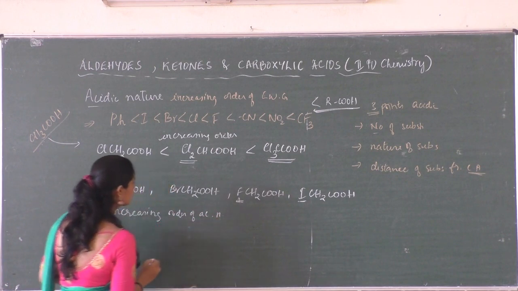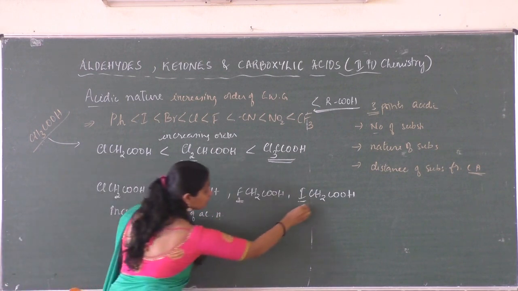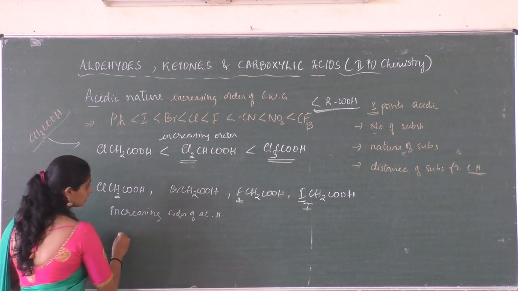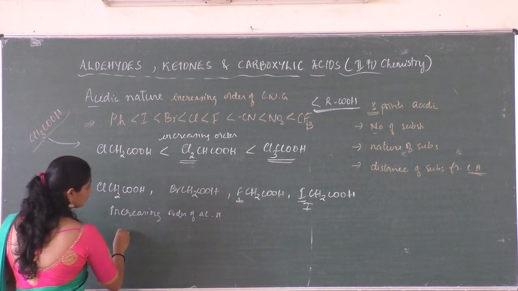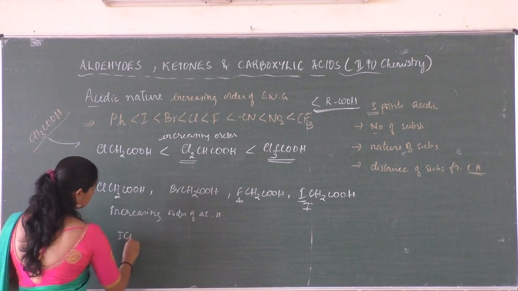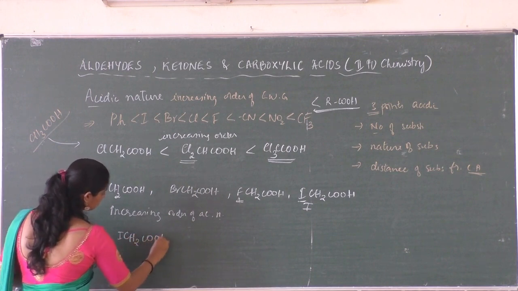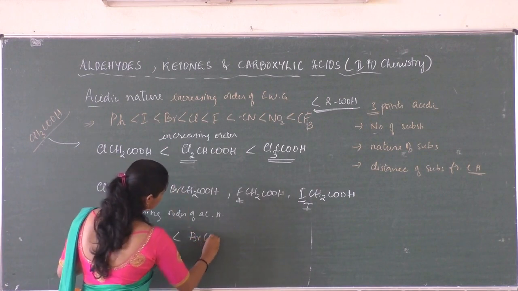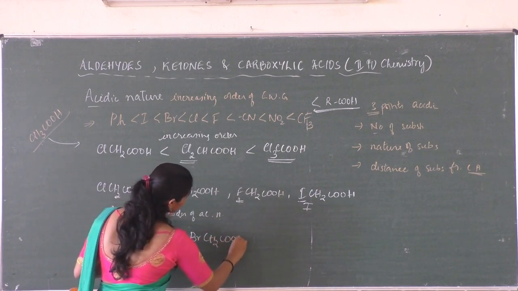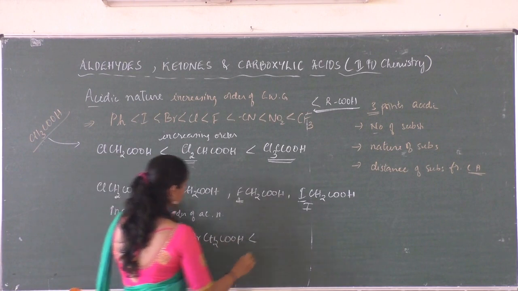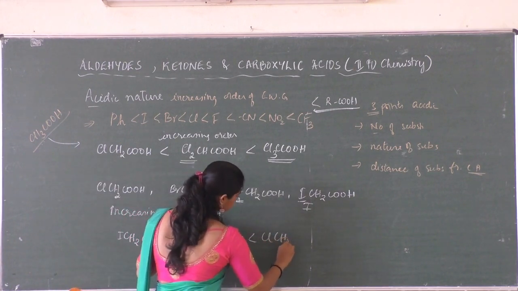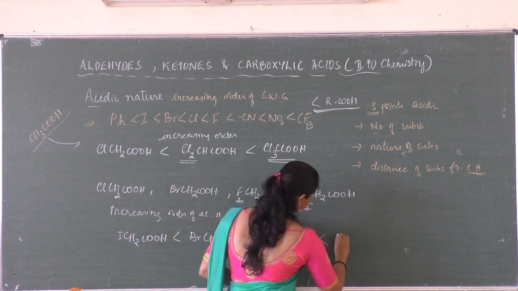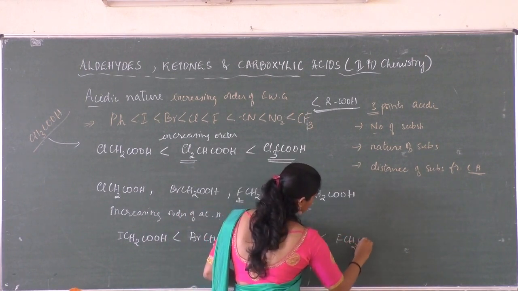So therefore the increasing order of acidic strength will be, I need to write this at the first: iodoacetic acid, and then after iodine we have bromine, so it is bromo CH2COOH, and then comes chloro, and the most acidic will be fluoroacetic acid.